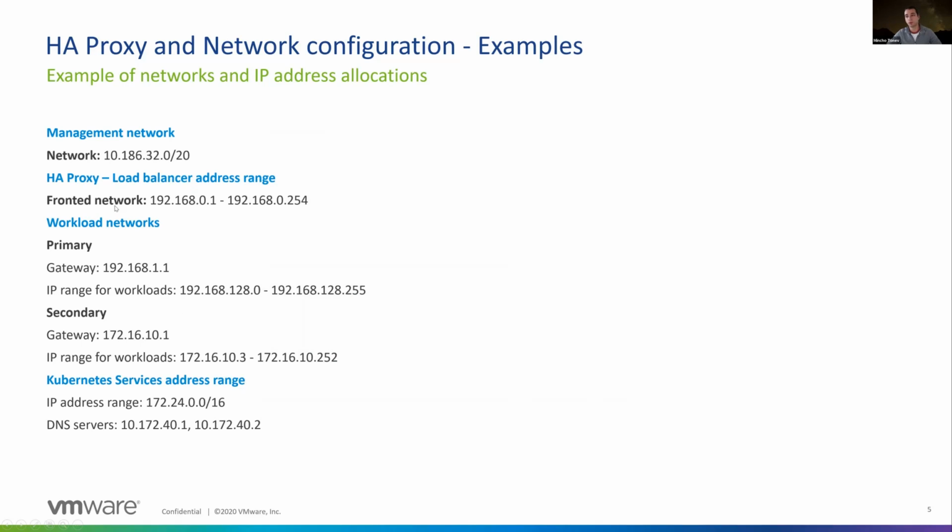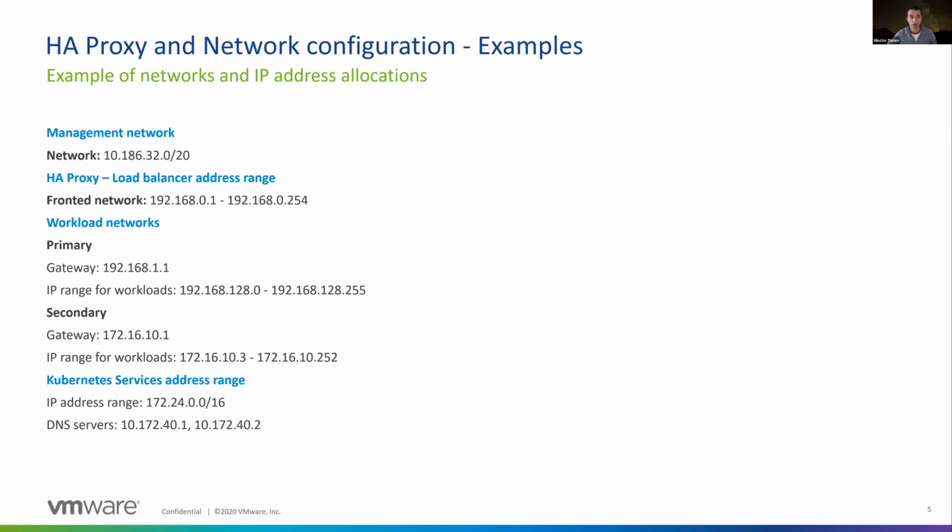So we will be able to provide a range of IPs. So HA Proxy will reserve them, so it can route the traffic through those IPs to the internal workload networks.